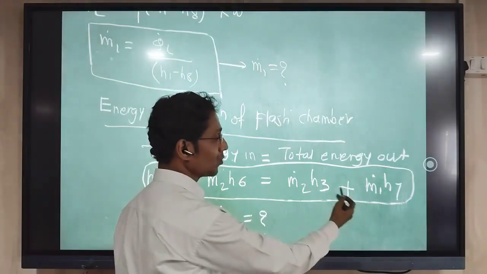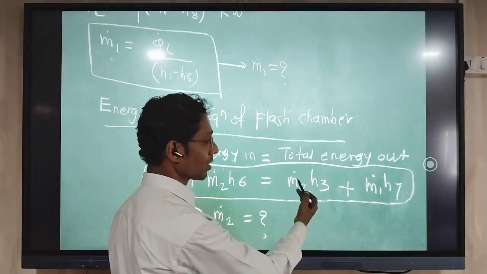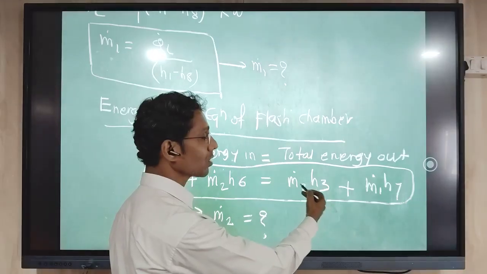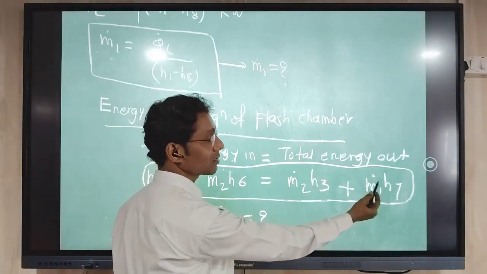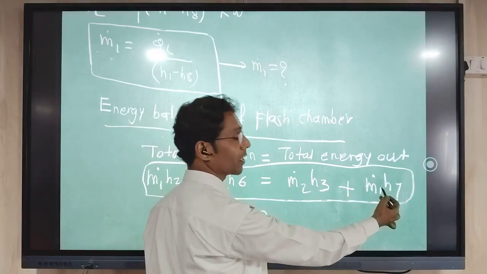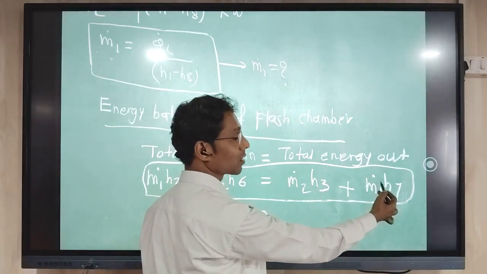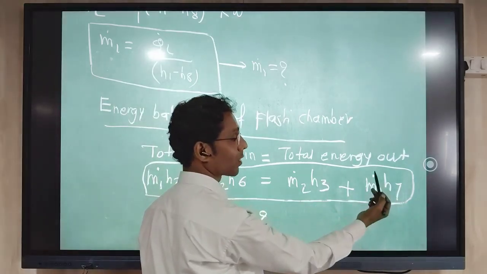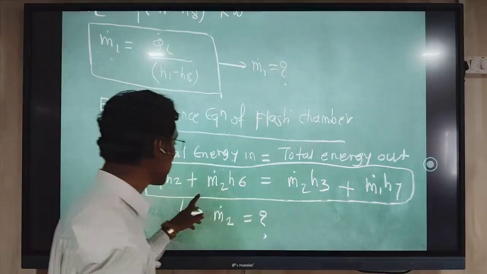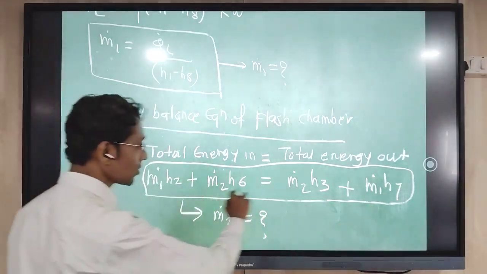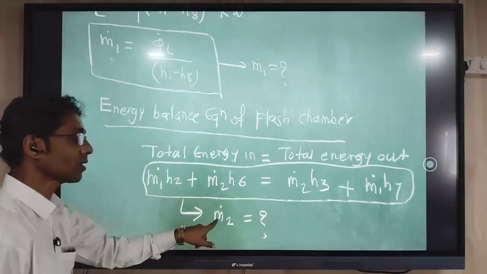And these two lines are coming out of the flash chamber. This is a line which is going to compressor 2. And this is a line which is going to the evaporator, the liquid line, which is coming from the bottom of the flash tank.